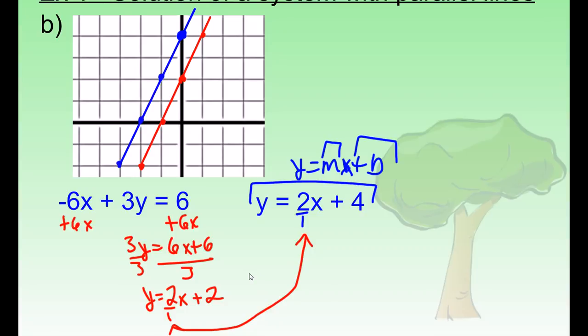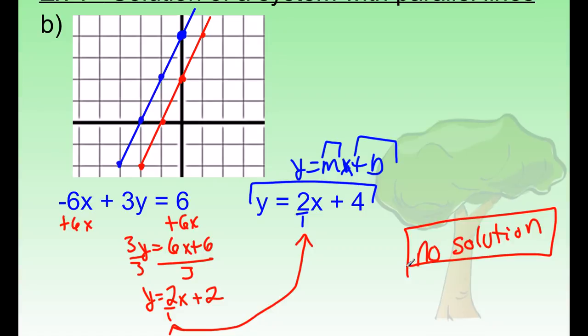And so where is a point where both of the lines have the exact same x and y value? The answer is nowhere, because they don't intersect. So this problem also, just like the last one, has no solution because there is no intersection. There's no place where the two lines have the same values. There's no solution.